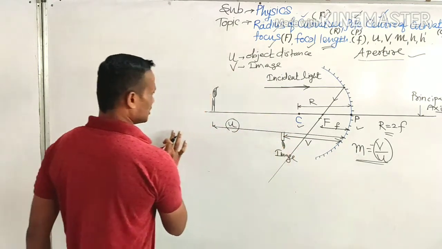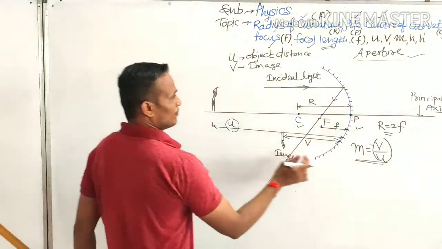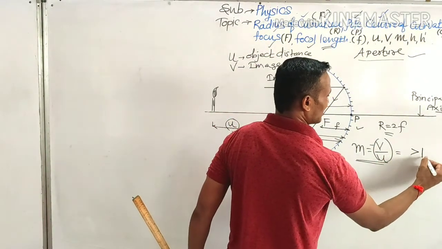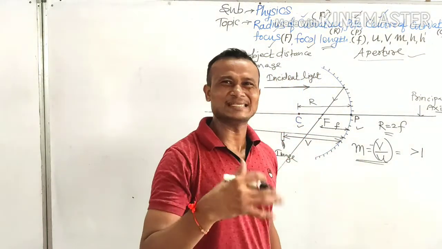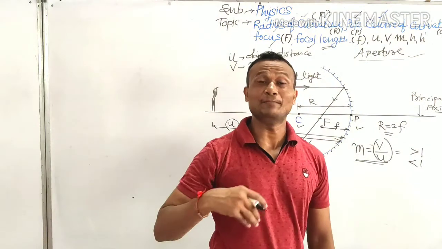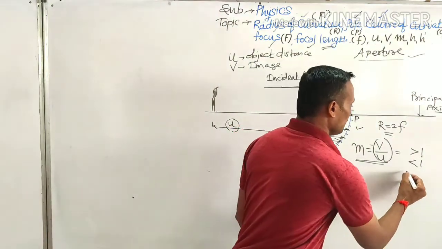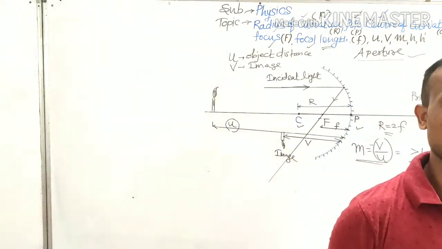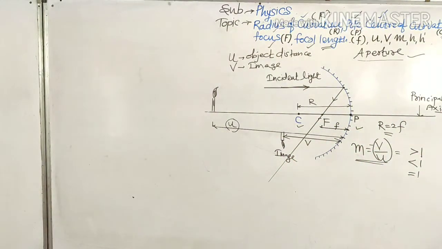If the image forms farther away, then what will the magnification be? More than 1. So we can say image is magnified. If it is less than 1, we can say image is diminished. If it is equal to 1, we can say that image has the same size as that of the object.